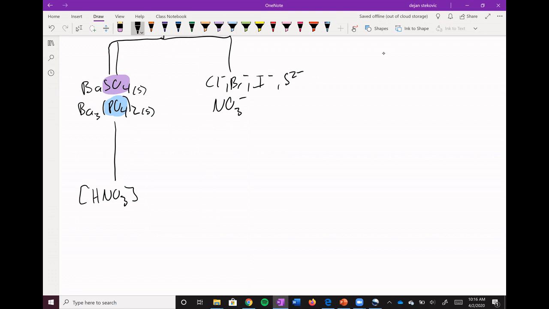That's what it's for. So let's take a look at what happens. When you combine barium sulfate and you add some acid to it, nothing happens. There's no reaction. So the precipitate remains, or the solid remains. Now let's take a look at what happens to the phosphate.